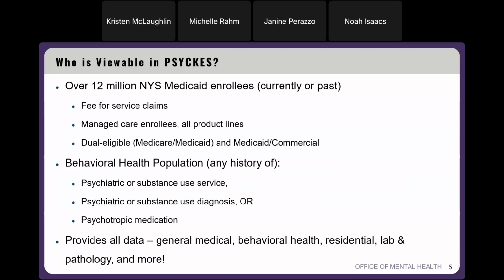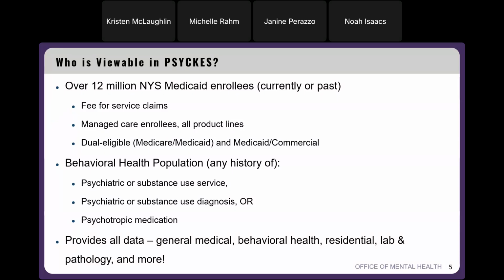So now that we know what PSYCKES is, who am I going to be able to view in the PSYCKES application? The population that's available in PSYCKES is at this time the Medicaid behavioral health population. That includes Medicaid enrollees within New York State, both those currently or previously enrolled in Medicaid. This is fee-for-service, managed care enrollees, as well as those who are dual eligible.